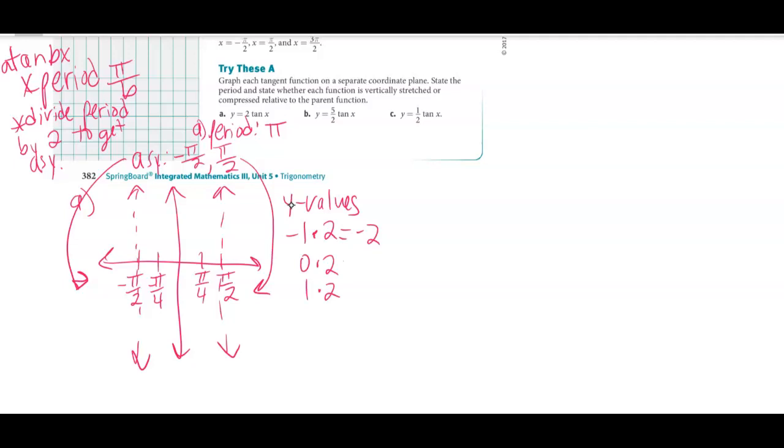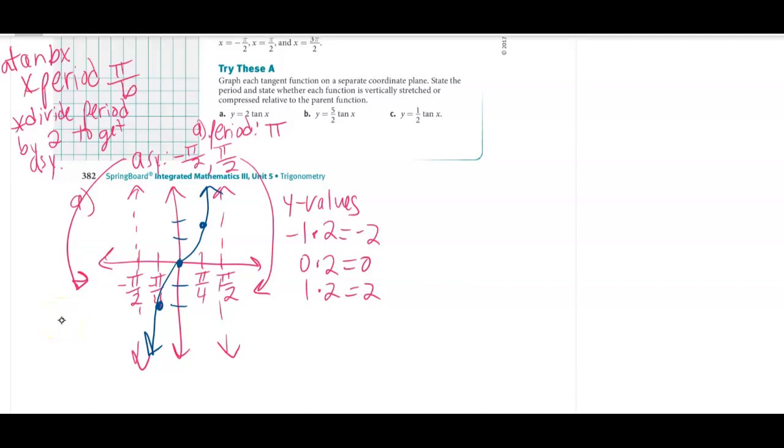So this will now go -2, 0, 2. And that's going left to right. And then I'm just going to connect those. Kind of looks like a cubic, so it's increasing on the right side, decreasing on the left. And that's how I would sketch tangent.